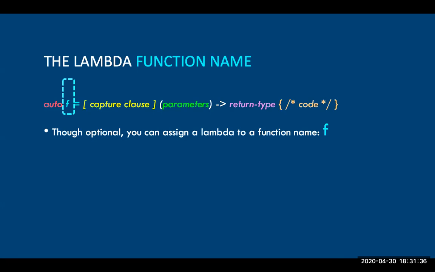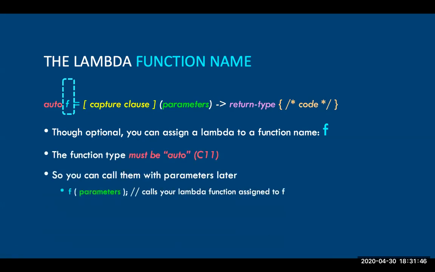And when the function that contains this lambda goes away, the lambda goes away too. But this is how I would do that. We have to use auto if we're going to give it a name. So later on we could say f, and whatever these parameters would be up here, I can just pass into the f, and that's going to call my lambda, just like if it was a function or a functor. We really at this point don't even know the difference, right?